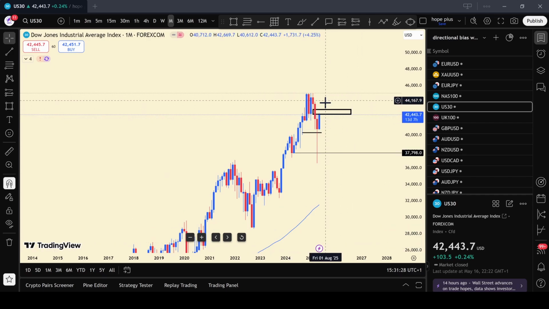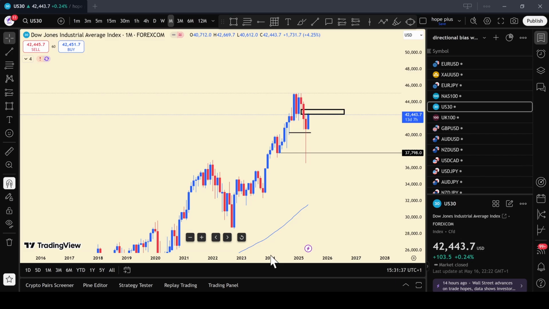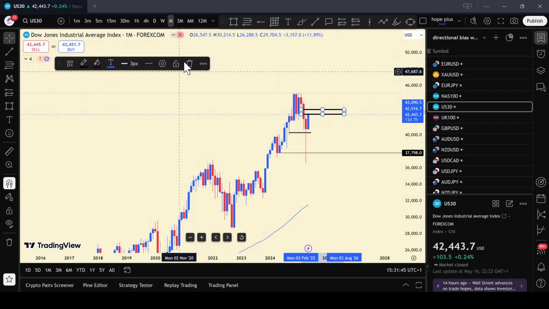Price will push higher into this to at least test this opening price. If you don't understand this, I did a video recently, so just go to the channel and check fair value gap liquidity. So that's what I'm expecting on the monthly.